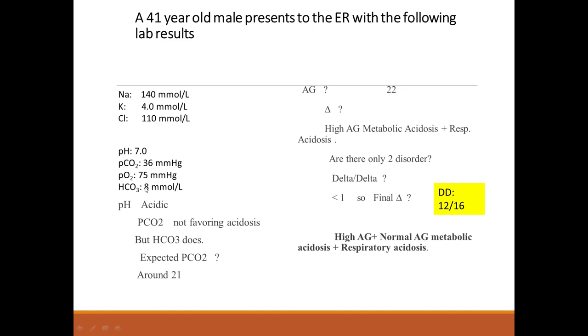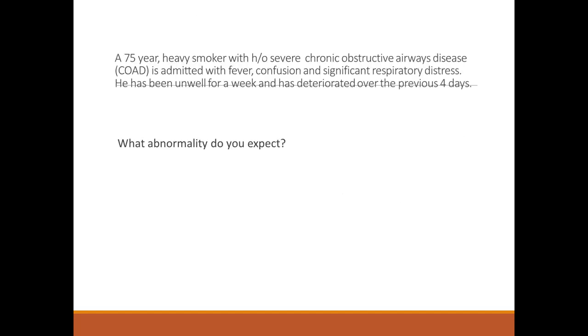So this is a third disorder along with the high anion gap metabolic acidosis: high anion gap plus normal anion gap metabolic acidosis with respiratory acidosis.